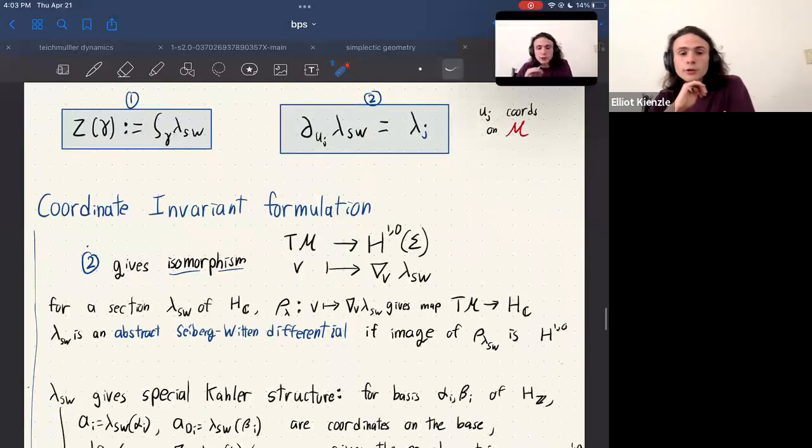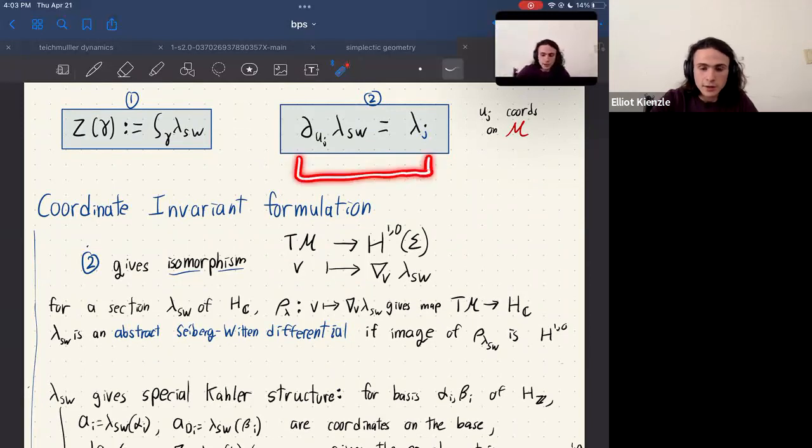So we can use a more coordinate invariant formulation of this, where we can think of this as saying that the Seiberg-Witten form will give us an isomorphism from tangent vectors on our base, on our moduli space, into the holomorphic part of the cohomology.